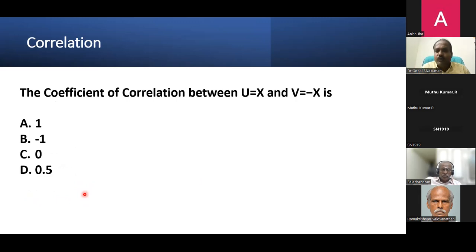The coefficient of correlation between u equal to x and v equal to minus x. Suppose x equal to 0, what will be the value of u? U will be 0, right? Because x is 0.